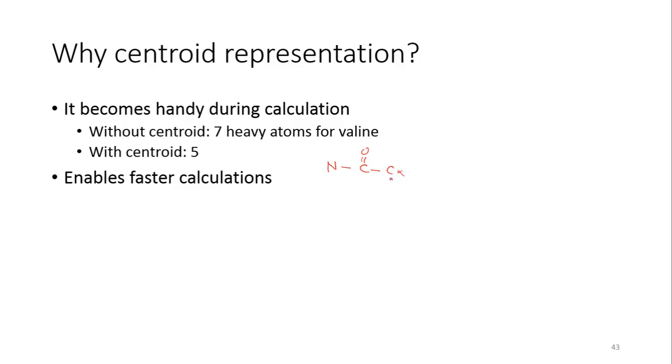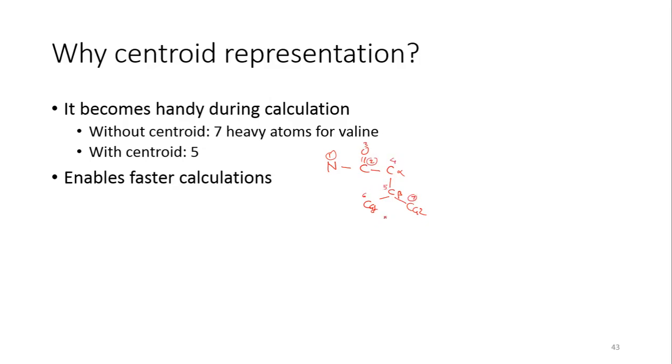And if we are trying to use valine, then we would have C beta carbon atom. Okay, then you have got C gamma 1 and you have got C gamma 2 carbon atom. Okay, so if we try to count how many atoms there would be if we include this valine, we would end up with 1, 2, 3, 4, 5, 6 and 7.